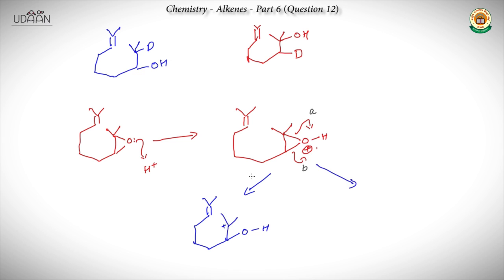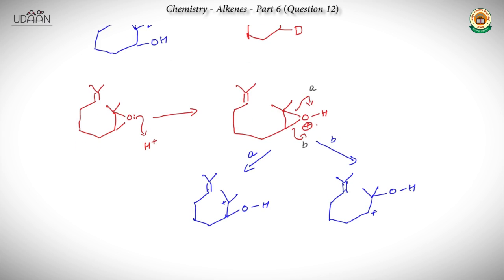If it cleaves through B direction, you will get a structure like this one, OH and a positive charge here. Now if you observe these two, this one is gonna be your major product because it has more hyperconjugation structures possible than this one.